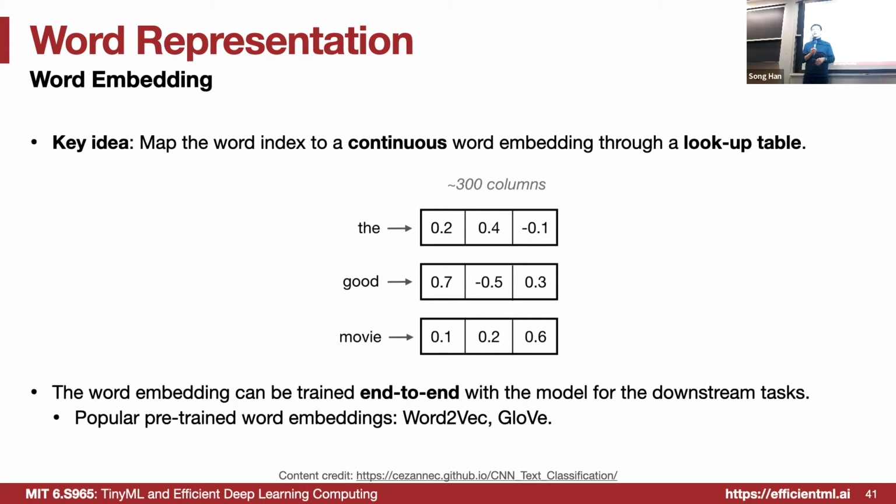For example, man minus woman will be close to king minus queen. So that's the merit of such word embeddings. We can also train such word embeddings end to end with the downstream task. There are several popular pre-trained word embeddings like word2vec and GloVe. Those are some pioneering work in this area.